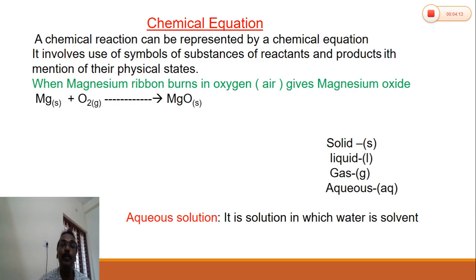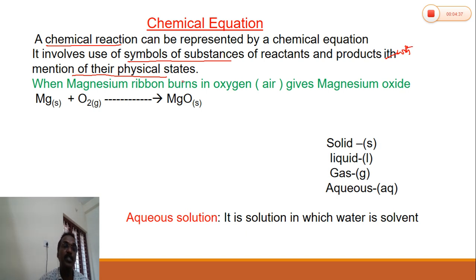Now, what is a chemical equation? Chemical reactions can be represented by an equation, which is called the chemical equation. This chemical equation involves symbols of the reactants and products with the mentioning of their physical states.